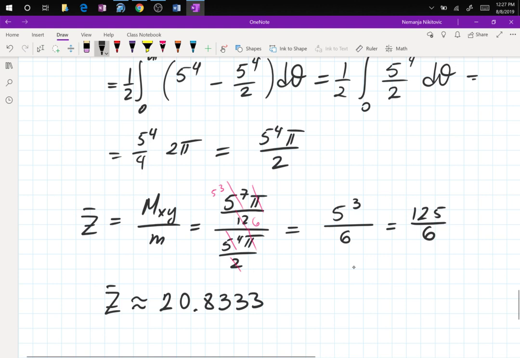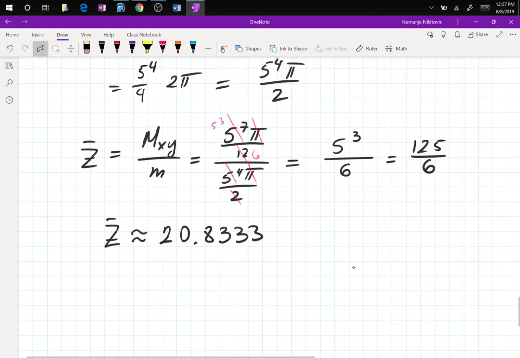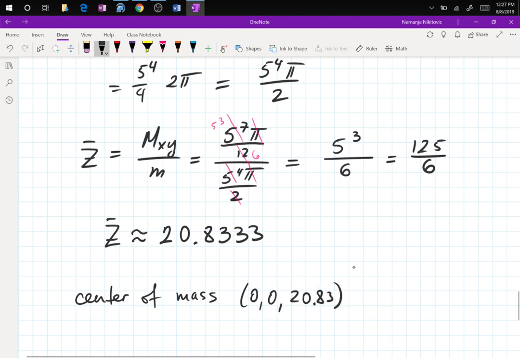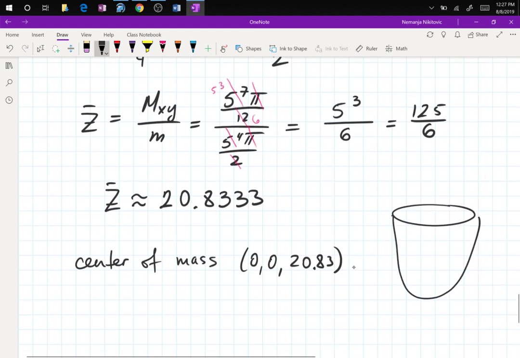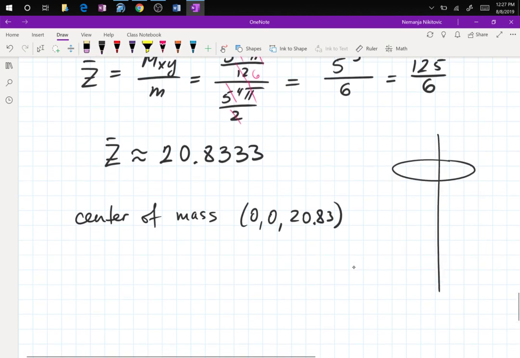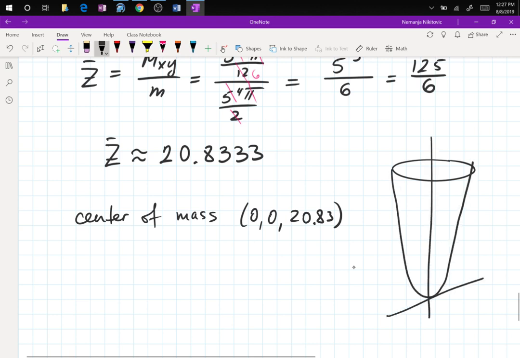Does this make sense for the center of mass to be at 0, 0, 20.83? Well, yeah. This object looks like this, right? And this is where the 0 is, and this is where the 25 is. And let's say this is where 20.8 is.